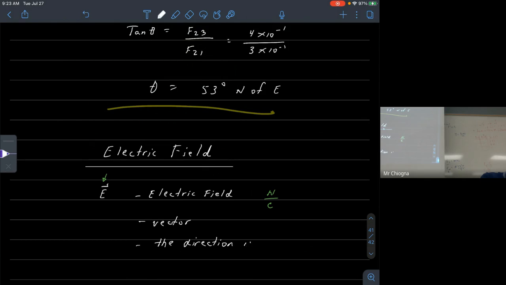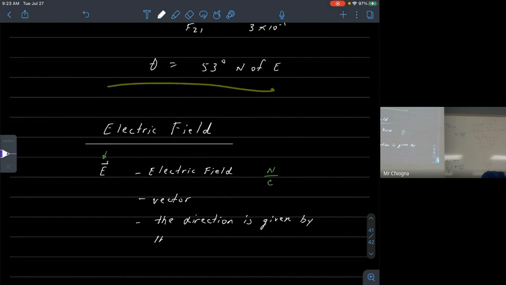The direction is given by the direction a small positive, this is a key word here, positive, a small positive test charge would move.